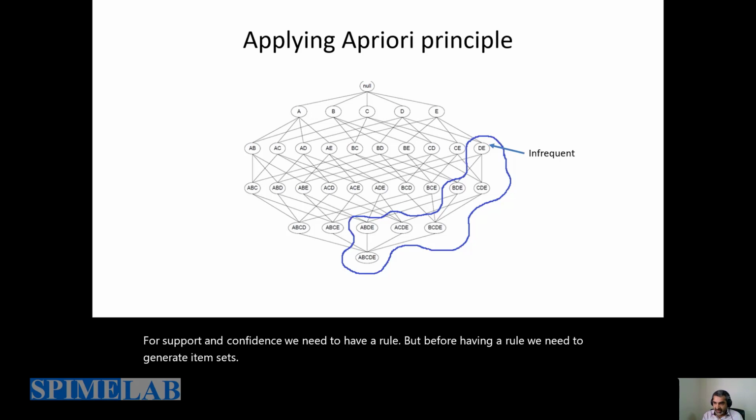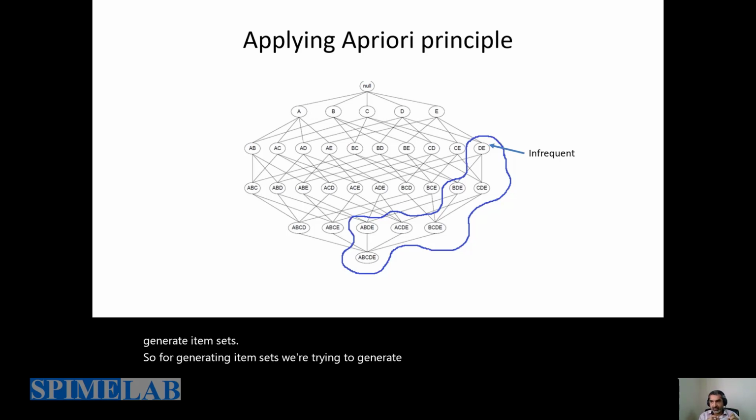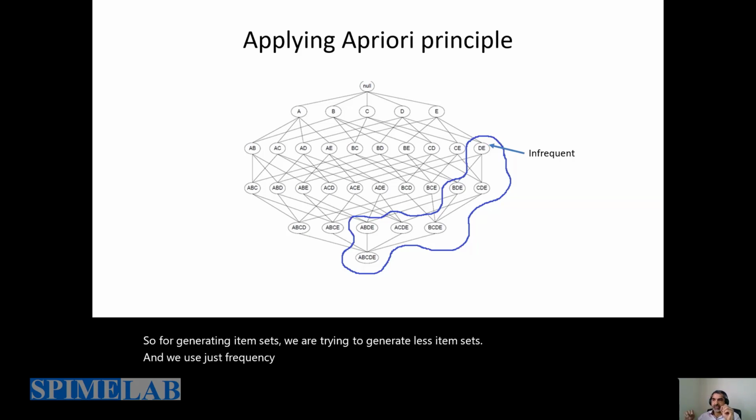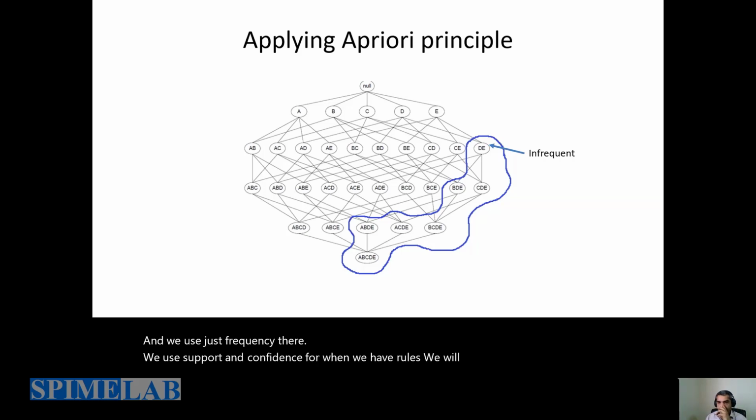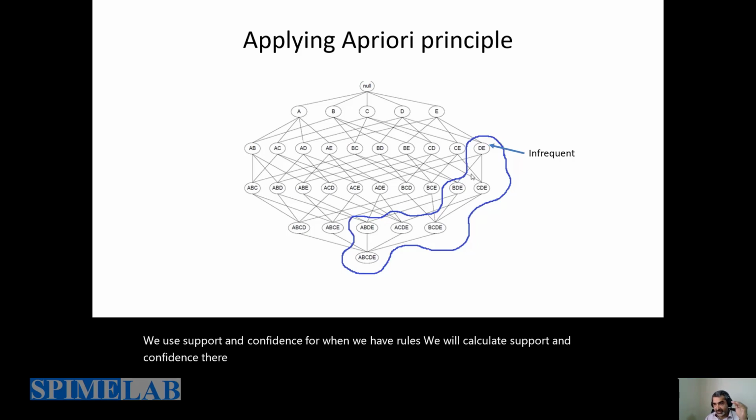So for generating item sets, we are trying to generate fewer item sets, and we use just frequency there. We use support and confidence when we have rules. But the first step is generating the item set.